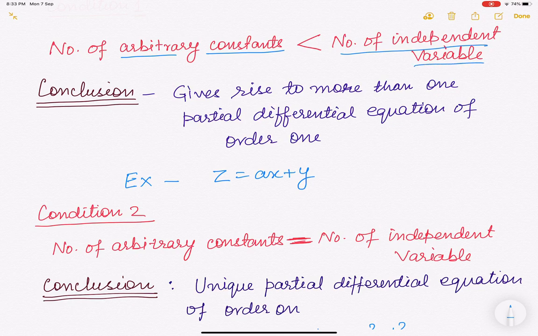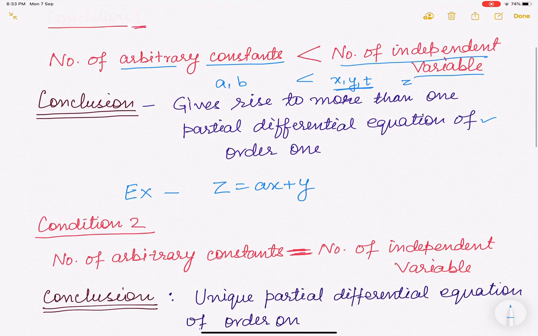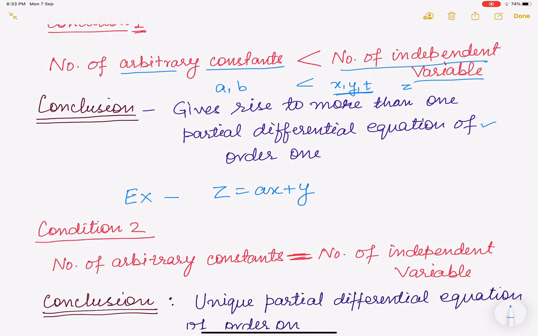This means that the arbitrary constants, a and b, are fewer than, say, the independent variables x, y and t, where z is the dependent variable and it is dependent on x, y and t. This gives rise to more than one partial differential equation of order 1. So if the number of arbitrary constants is less than the independent variables, different students may get different answers, and the answers will be of order 1.